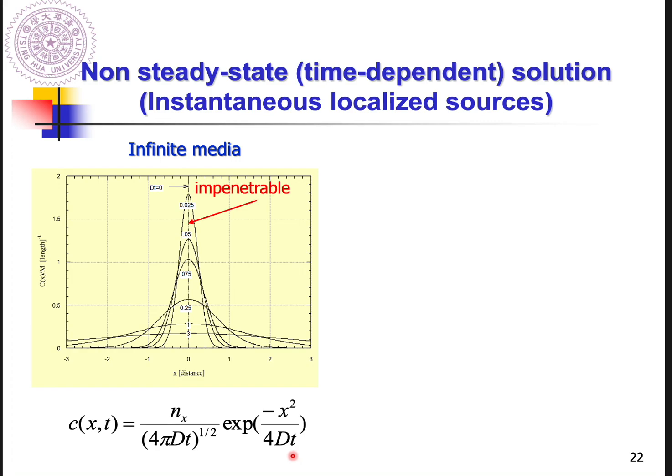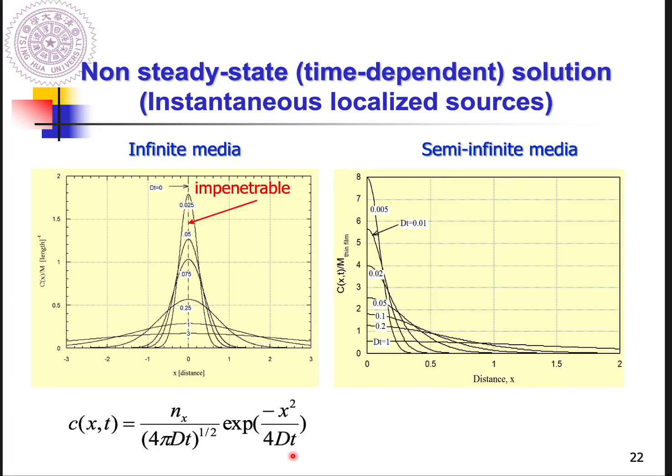But let's go back to case 2. Actually, we are more interested in what happens if you deposit a layer of diffusing atoms on top of your substrate, then you heat this up. What's the solution for this? So is there any relationship between these two cases? Yes.